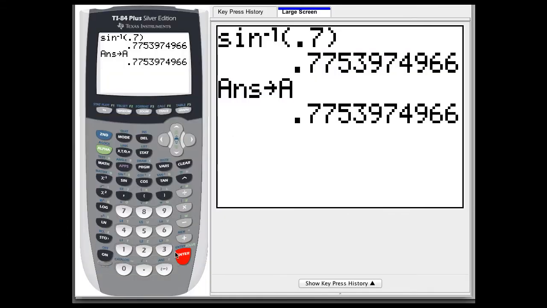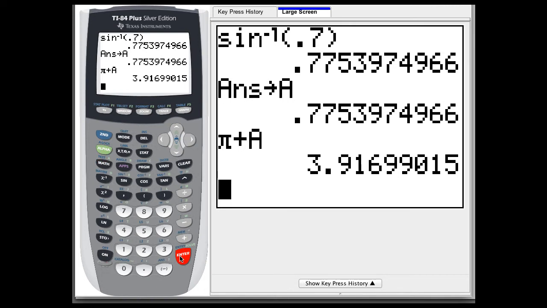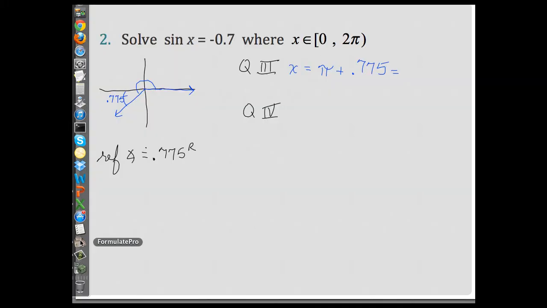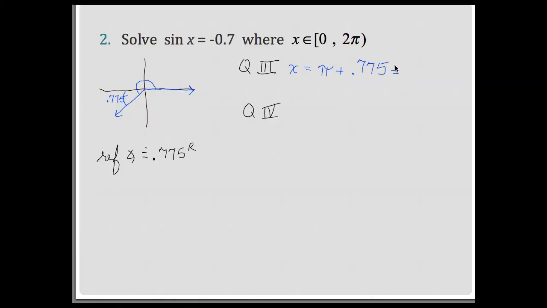We're going to do pi plus what we stored as our reference angle. And hopefully everyone gets approximately 3.917, rounding it off. So we got one answer.